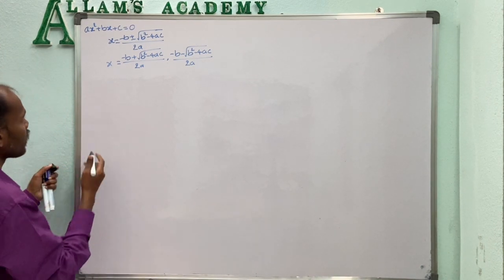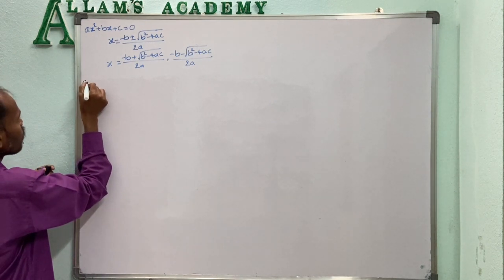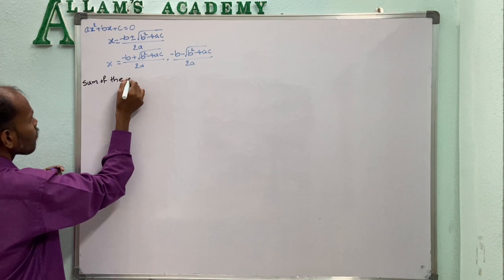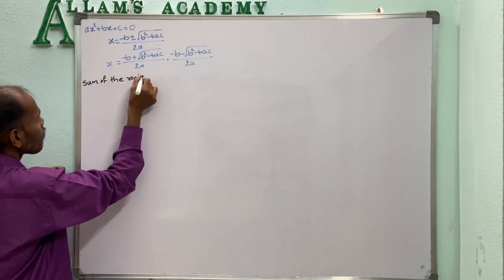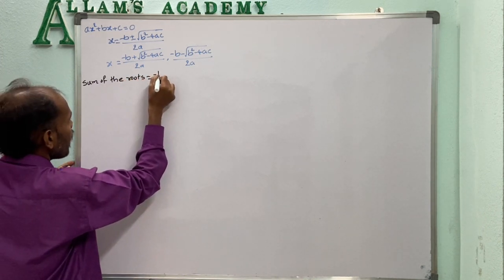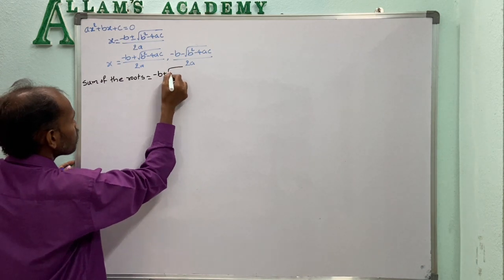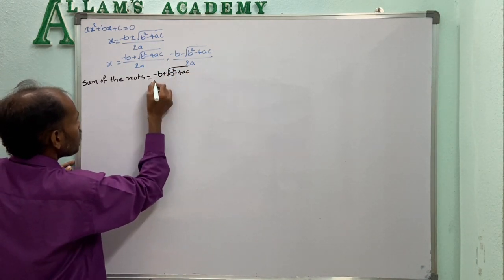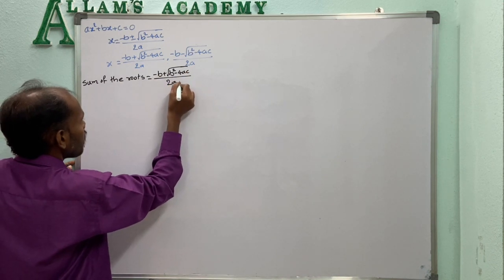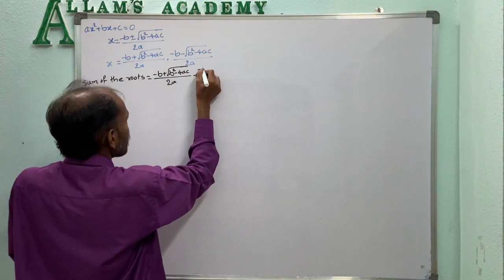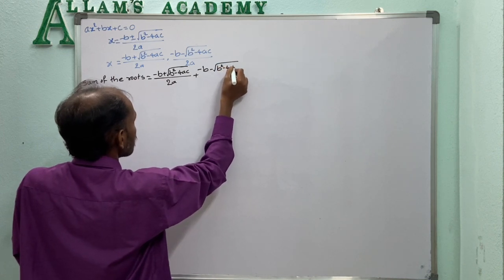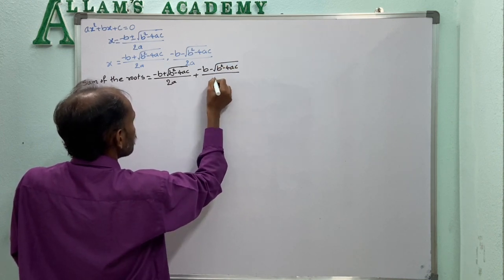Now the sum of the roots: minus b plus root b square minus 4ac by 2a, plus minus b minus under root b square minus 4ac by 2a.